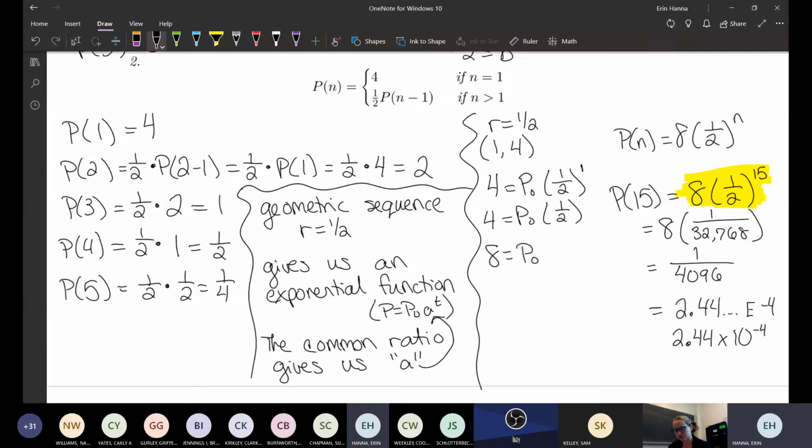But if I change that into a fraction, it does give me that 1 over 4096, which is a better format, but technically they would both be correct. Questions, concerns on that one? I'll wait 5 seconds.